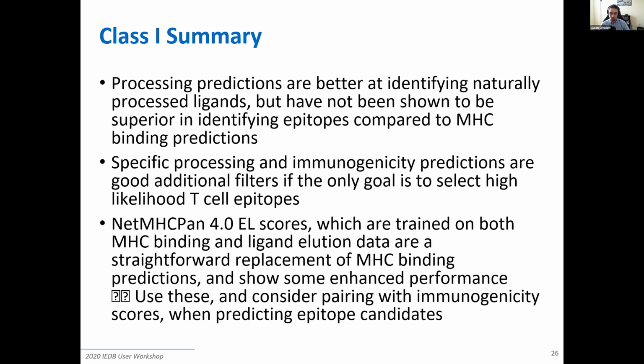And ultimately, we recommend using NetMHCpan EL scores, which to our knowledge are the best at predicting binding affinity and the best approach at directly predicting the likelihood of a peptide to be an epitope. So we suggest you could pair this with immunogenicity scores if you want to further improve predicting epitope candidates. So that's it for class 1. Thank you for listening. I'm going to pass it off to Bjoern and he'll do class 2.